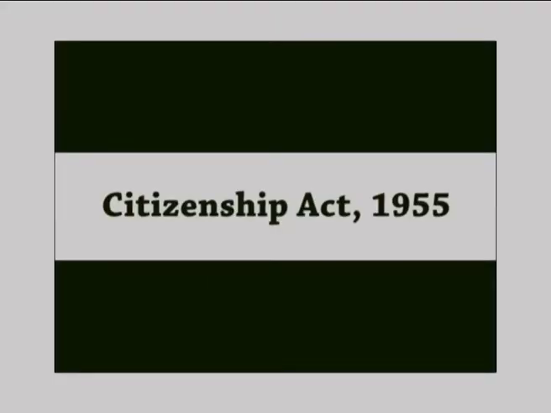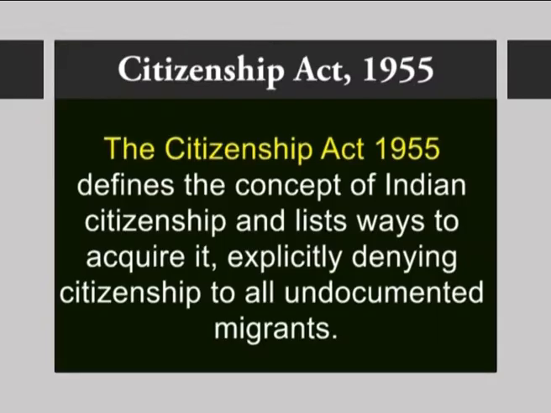The next Act is Citizenship Act 1955. The Citizenship Act 1955 defines the concept of Indian citizenship and lists ways to acquire it, explicitly denying citizenship to all undocumented migrants.